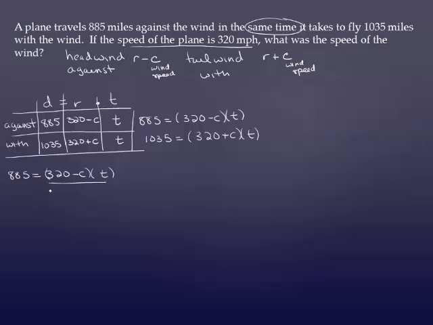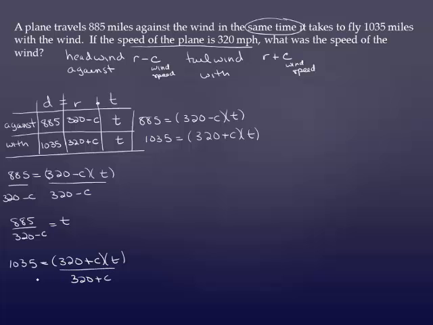So I'm going to divide both sides by 320 minus C. So I get 885 over 320 minus C is equal to T. And then again with the 1035 is equal to 320 plus C times T, I'll divide both sides by 320 plus C. And the reason I'm doing that is because these will cancel each other out.